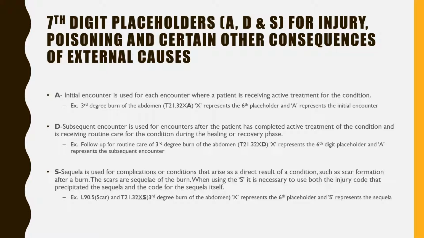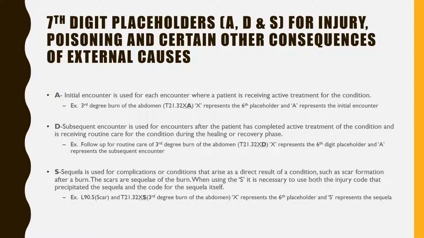Because this is a sequela and there's a condition that arises from the 3rd degree burn, we're going to assign the diagnosis code of the injury as well as the condition that precipitated from that particular injury or burn. Your scar would be assigned ICD-10 code L90.5.